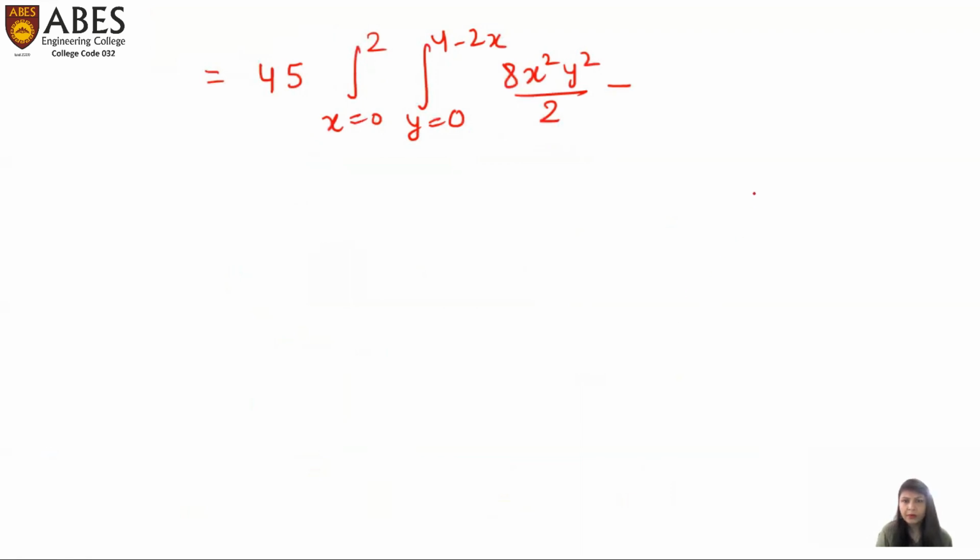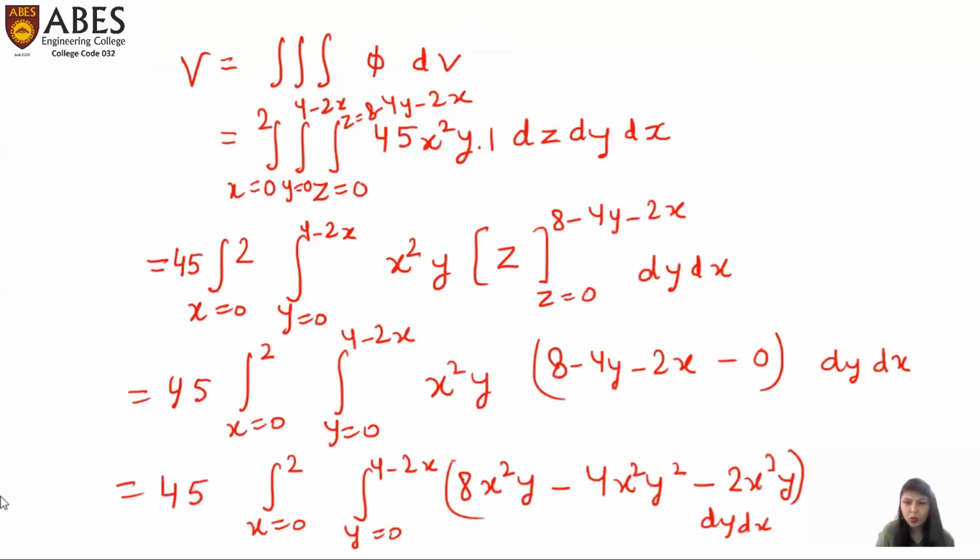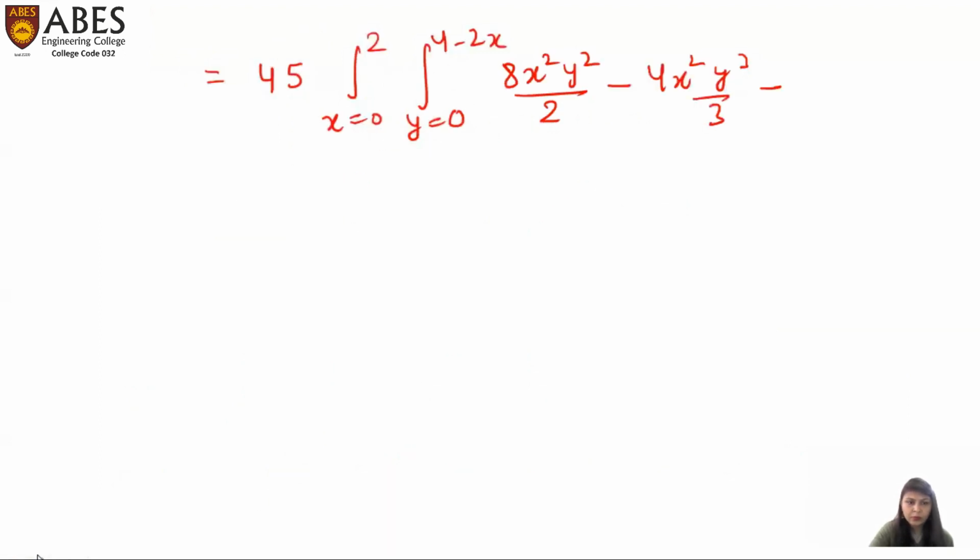The next value will be minus 2x cube. The integration of y will be y square by 2, so minus 2x cube y square by 2. Okay, so we have done the integration.